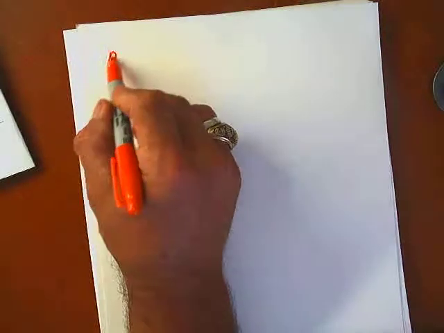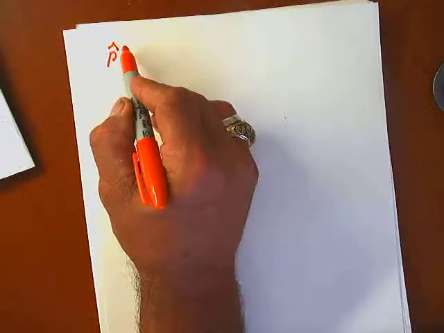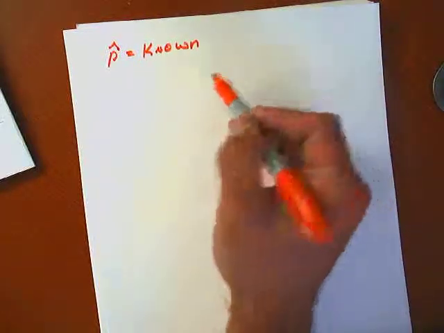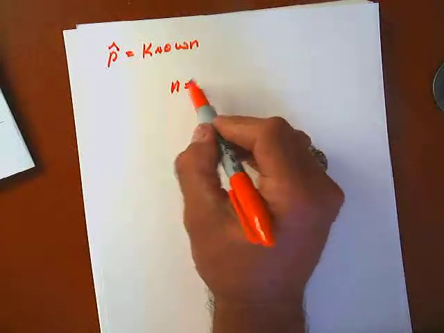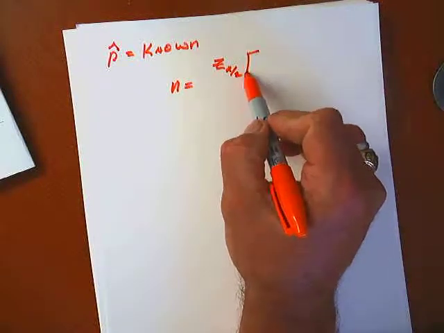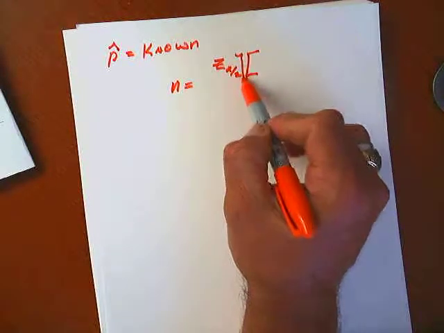The critical value is based on your z-score, and you figure that with the alpha over 2. Okay, so that's kind of an introduction to 7.1 and 7.2.